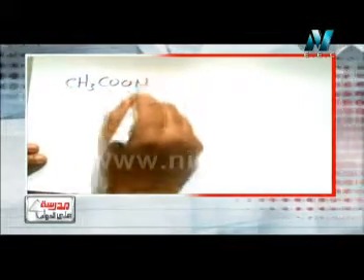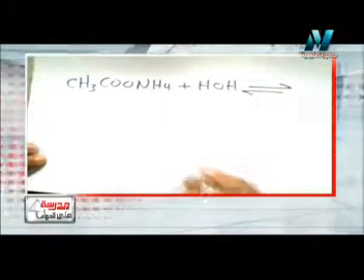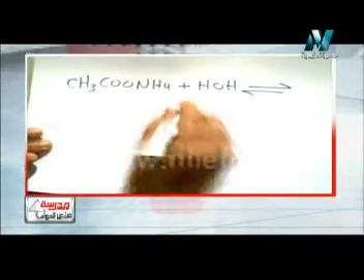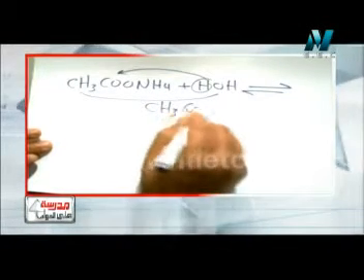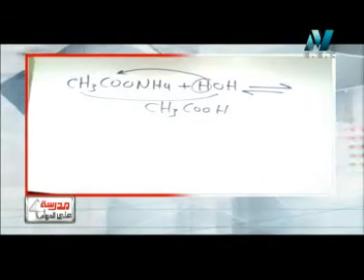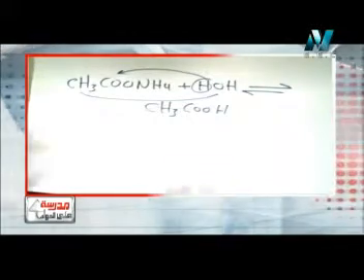Last one, ammonium acetate, CH3COONH4 plus 1 molecule of water, HOH. It gives acetic acid, which is weak, written as CH3COOH, because it is weak.